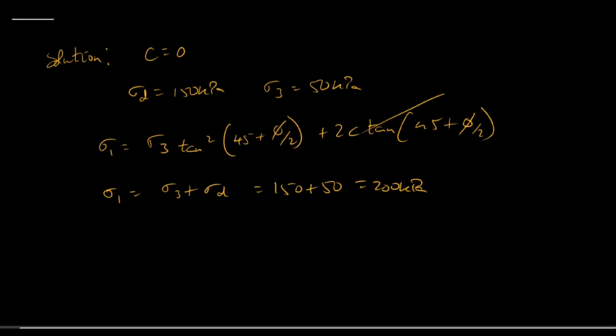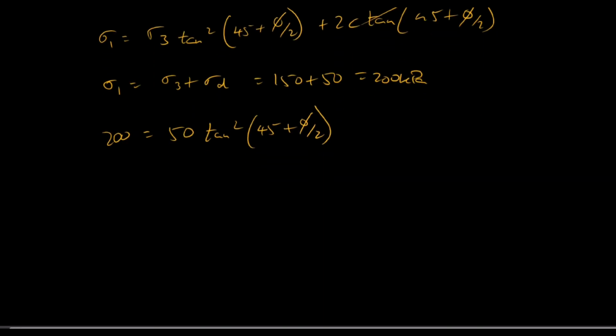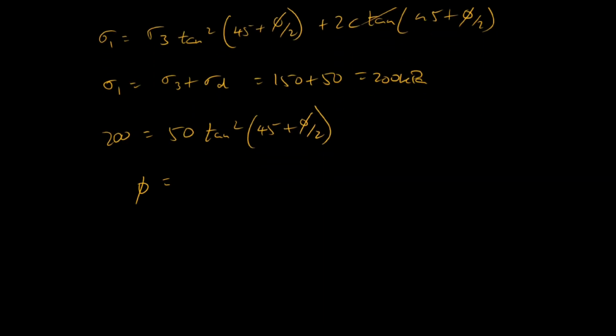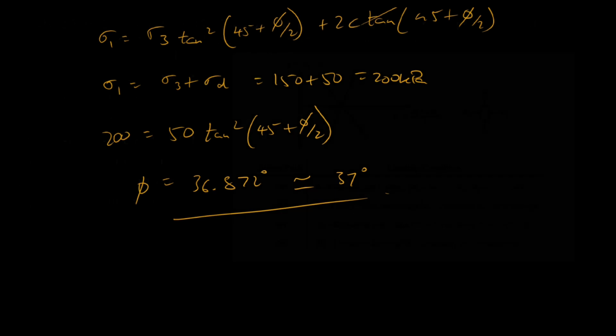So 200 will be equal to 50 tan square (45 plus phi by 2). By solving this, we get phi equal to 36.872 degrees. So by taking it to the nearest integer, we'll get phi equal to 37 degrees.